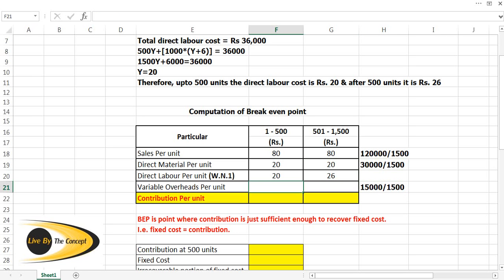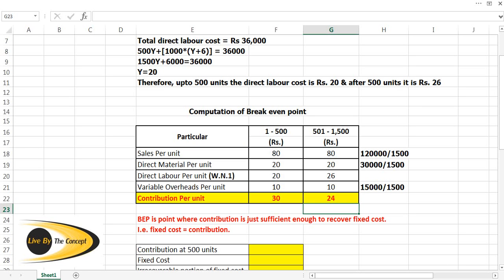So in that case, we have 10. Here also it is 10. Contribution per unit is really simple. 80 minus 20 minus 20 minus 10, so it is 30. Whereas for the next bracket, it will be 80 minus 20 minus 26 minus 10, that is 24. So this is the contribution we have for 1 to 500 units and for 501 to 1500 units.